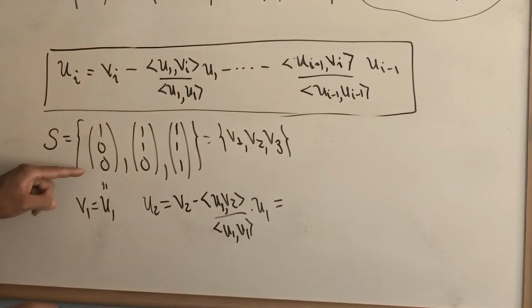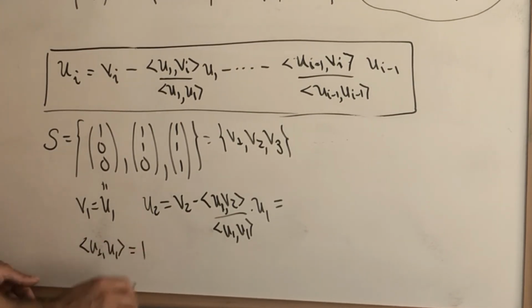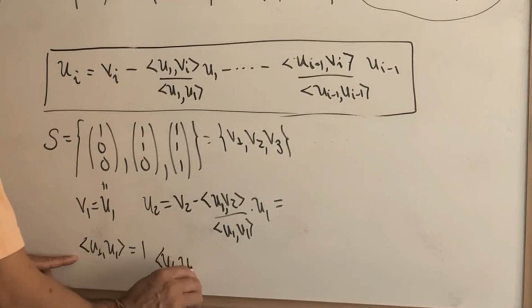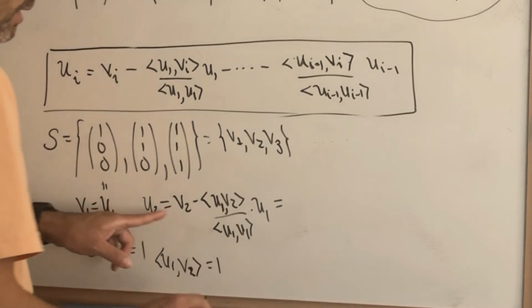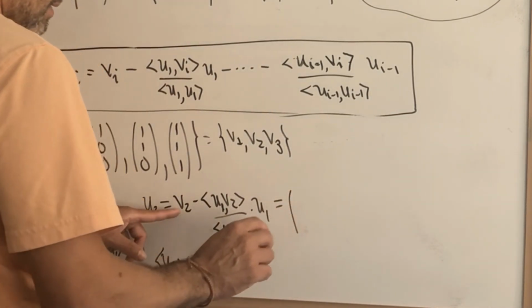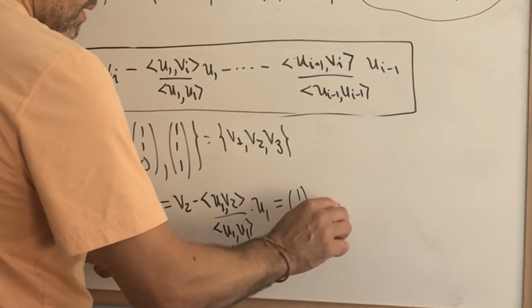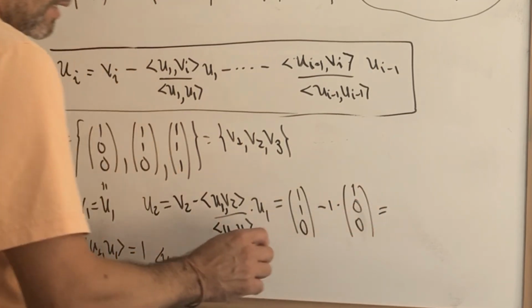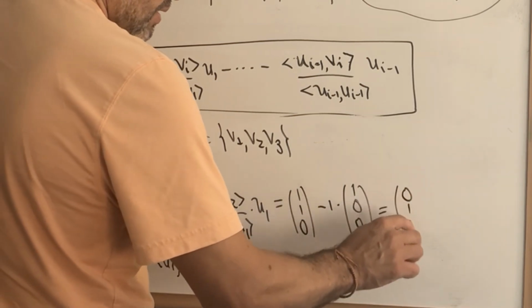In this case, u1 inner product with u1 is just 1, and u1 inner product with b2, if we do this inner product, we also get 1. Therefore, u2 is v2, which is 1, 1, 0, minus 1 times 1, 0, 0. And this is 0, 1, 0.